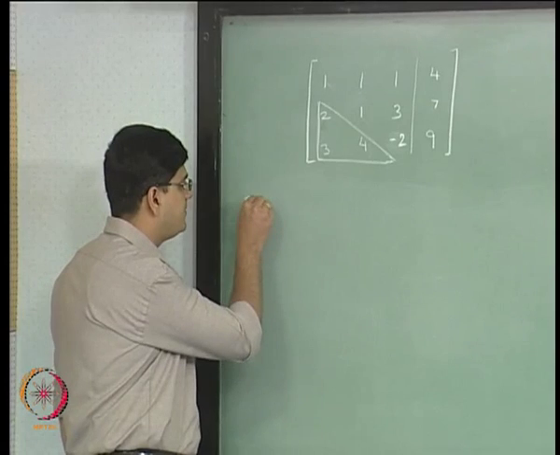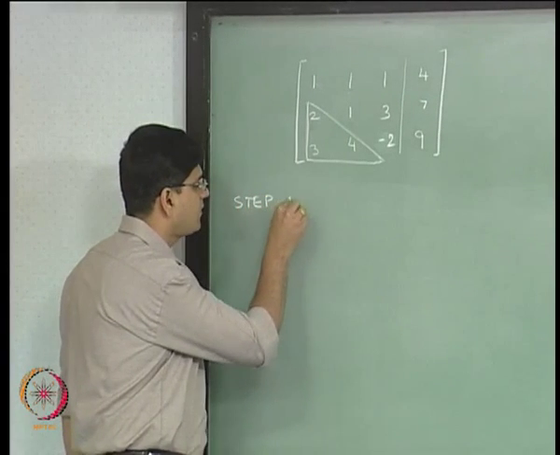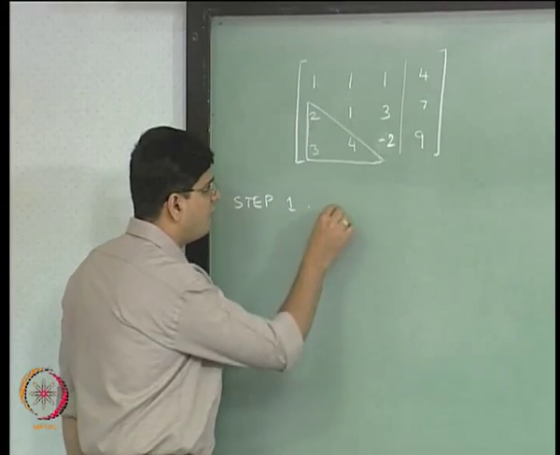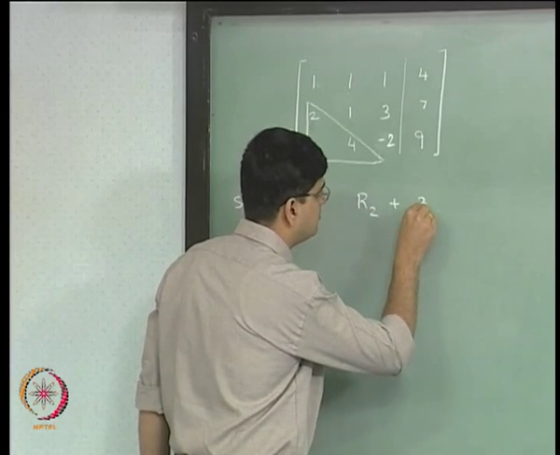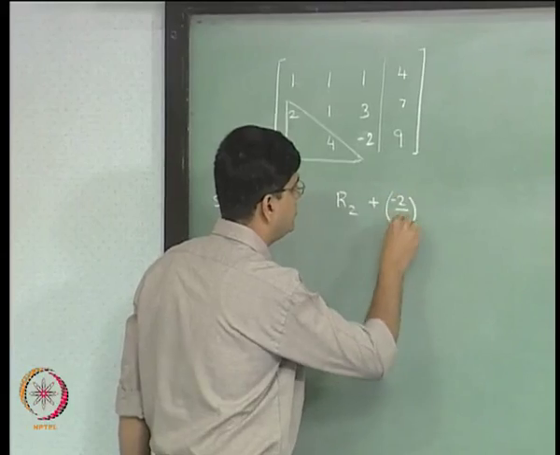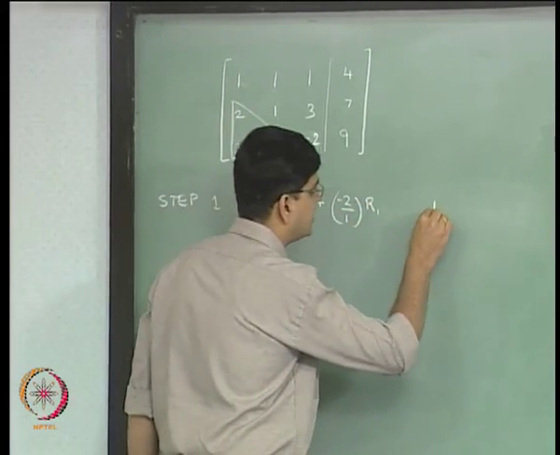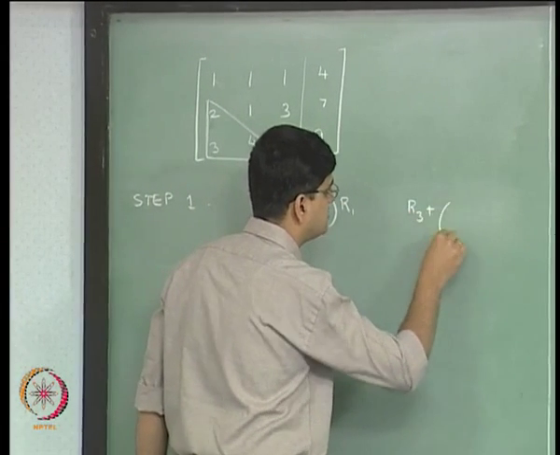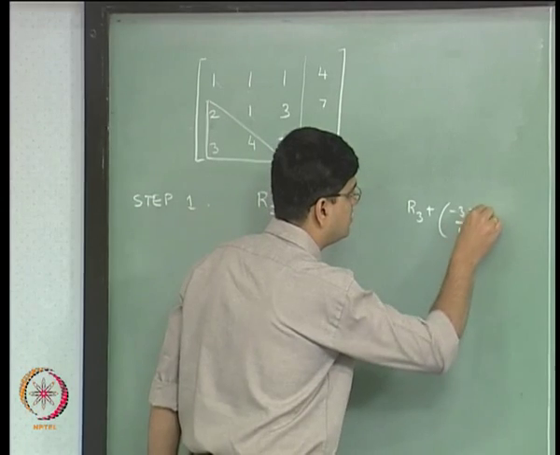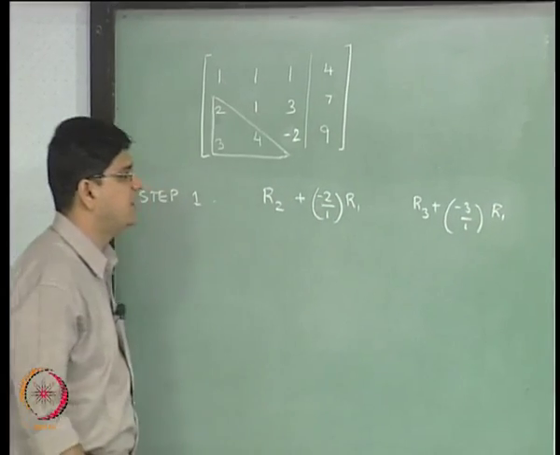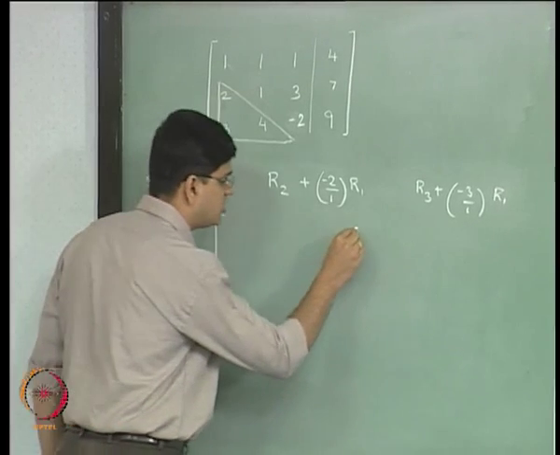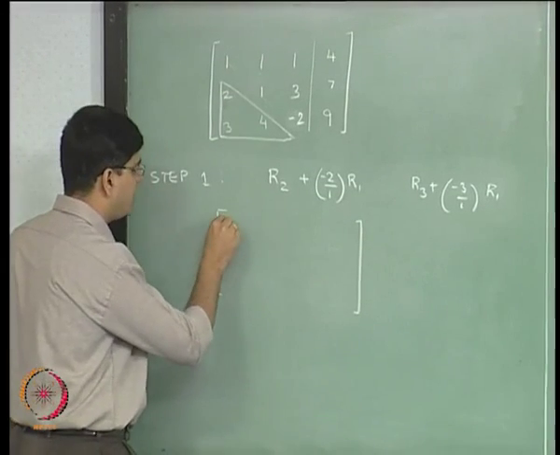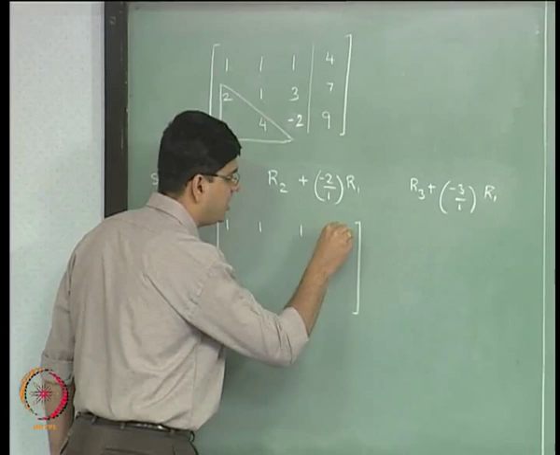The first step that we said was R2 plus minus 2 divided by 1 into R1, and R3 plus minus 3 by 1 multiplied by R1. The first row does not change, so we get 1, 1, 1 and 4.